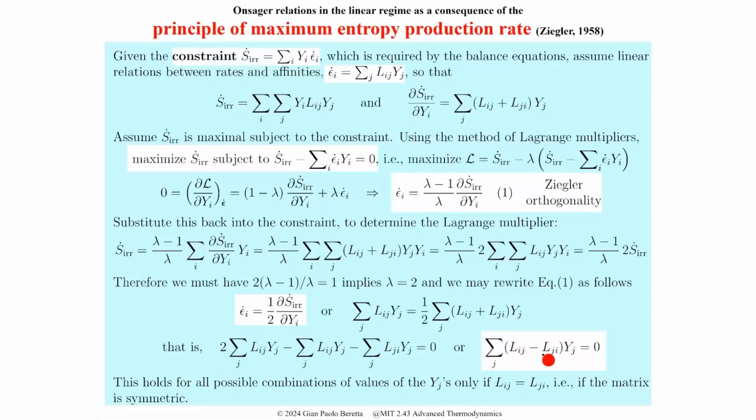Okay. So we prove that at least you get Onsager symmetry if you accept the principle of maximum entropy reduction rate.